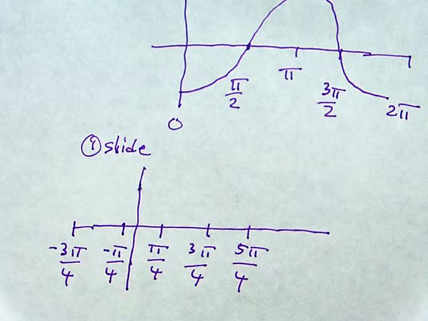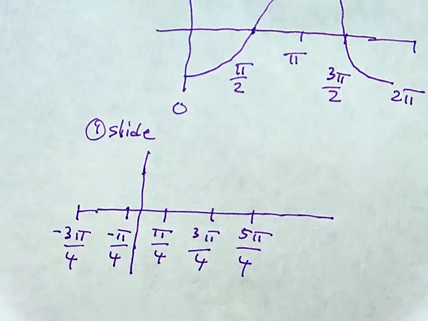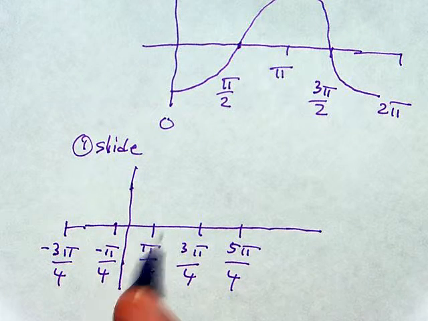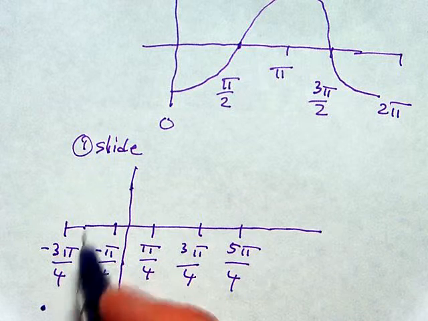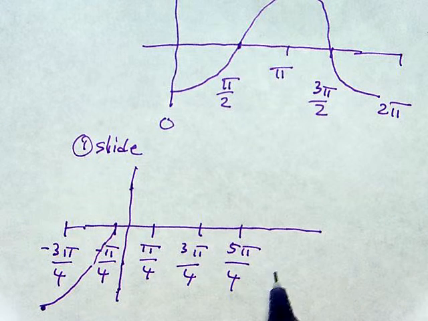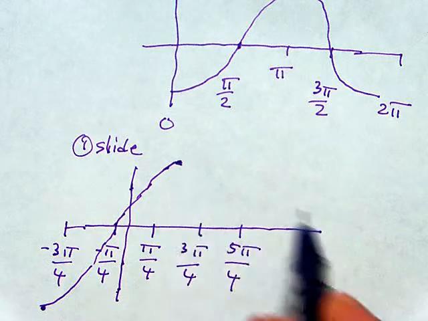Okay, so these are the new positions of our 5 important points, but we know we still have the same curve. We're just sliding it over. So our minimum occurs here at minus 3 pi over 4. Our 0 value at minus pi over 4. Our maximum value at pi over 4.